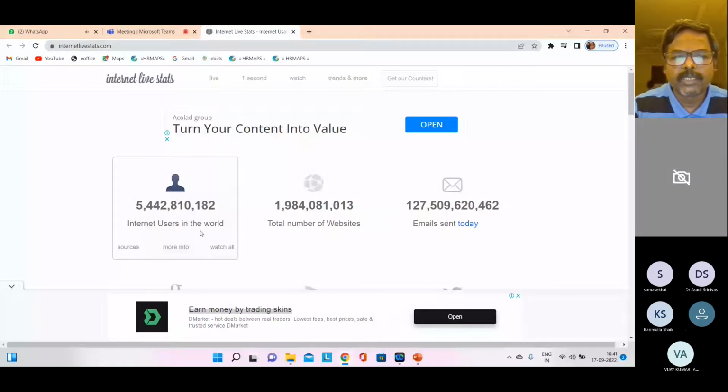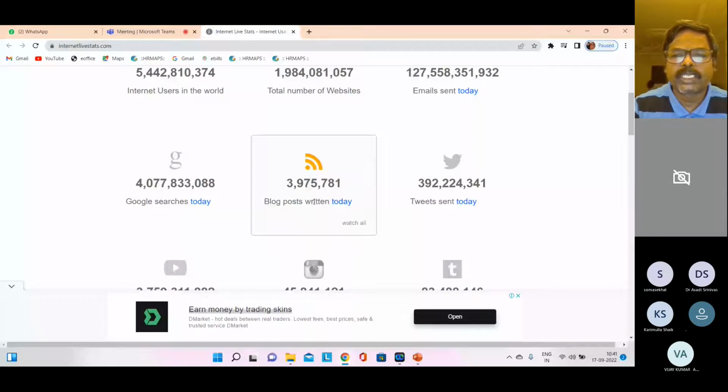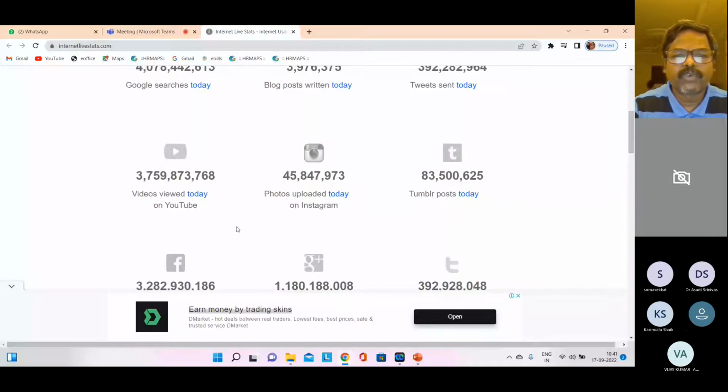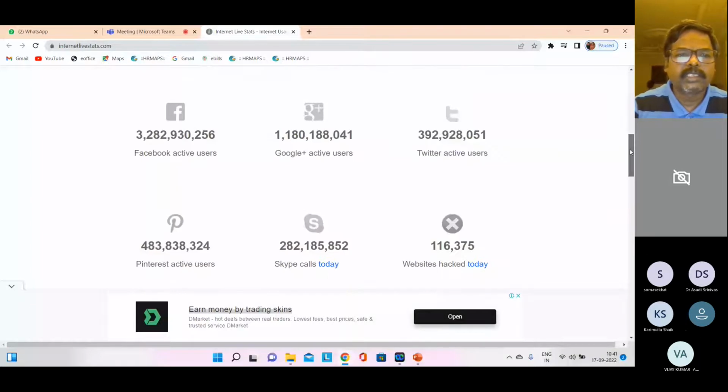How many websites are opened, the total number of websites opened, emails sent today, Google searches today, blog posts today, tweets today, videos viewed today, photos uploaded today. That means how many users are connected, for example Facebook active users.